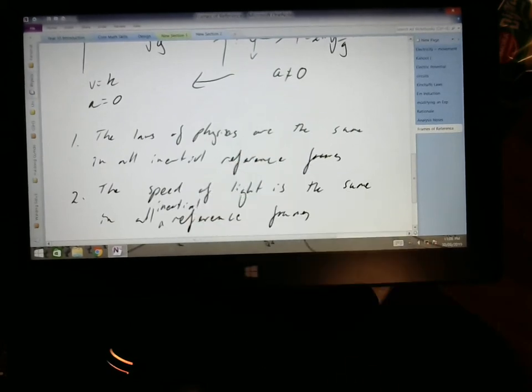Okay, so that means if something's accelerating, the speed of light won't necessarily be the same. However, the first postulate is that everything is the same in all inertial, that is uniformly moving frames of reference. So you need to memorize these two. That's basically what it comes down to.